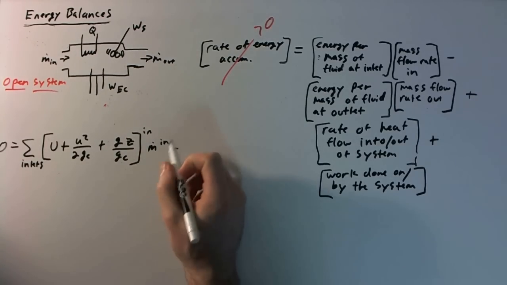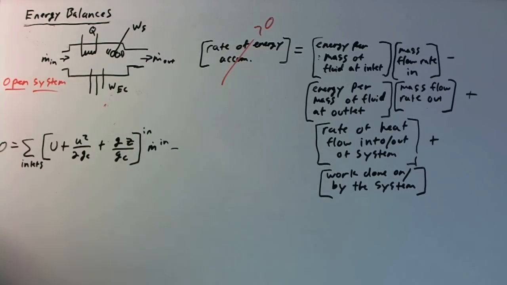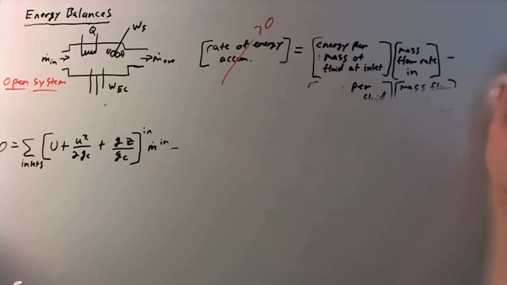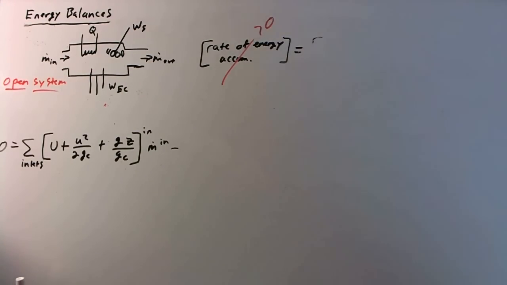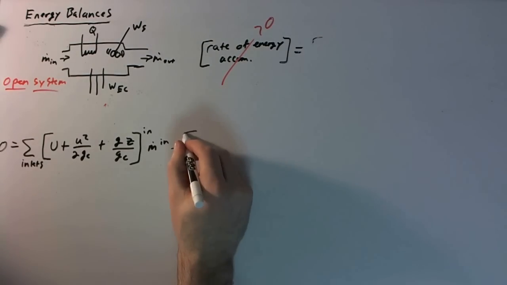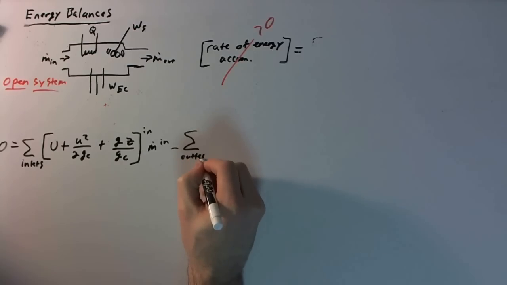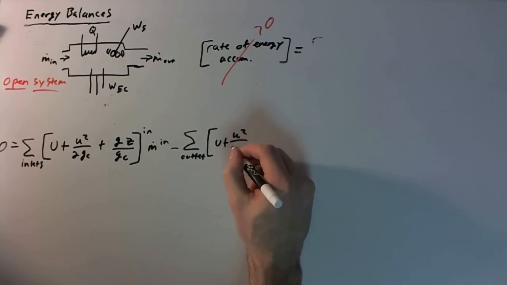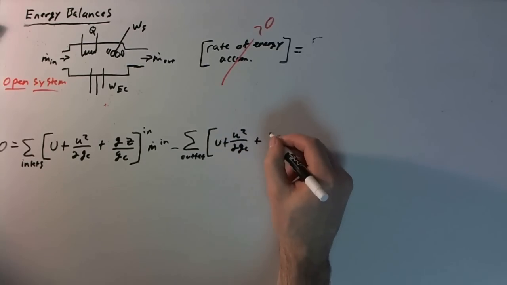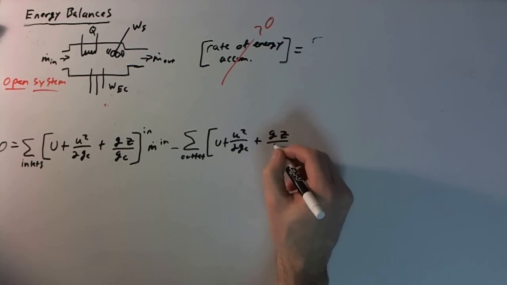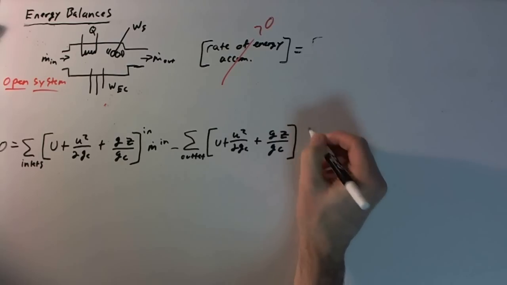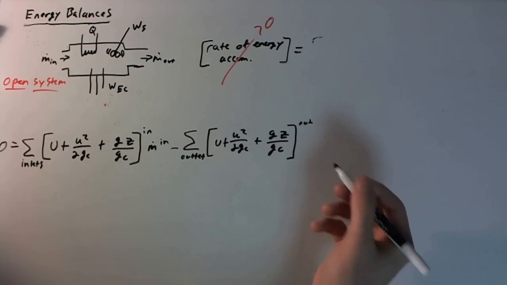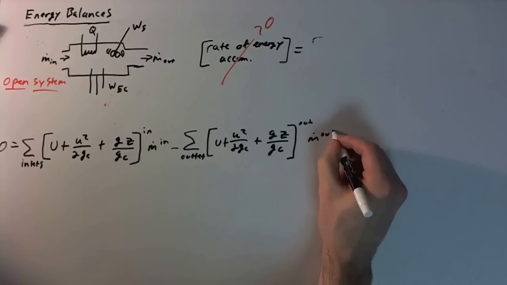Subtract from that the sum of the outlets of essentially the same thing, right, of U plus u squared over 2g_c plus g times z over g_c out, times the mass flow rate out, right, m dot out.